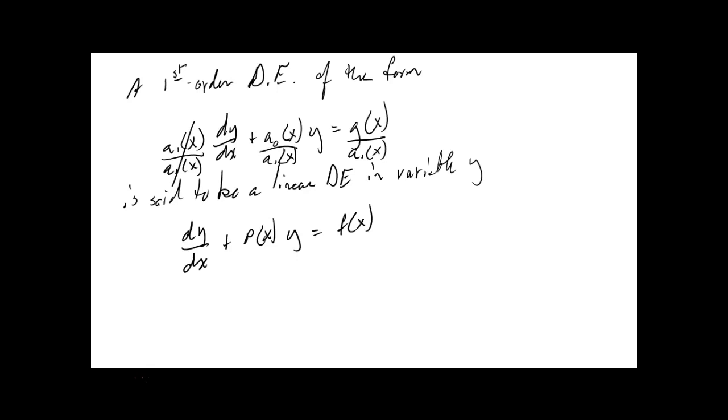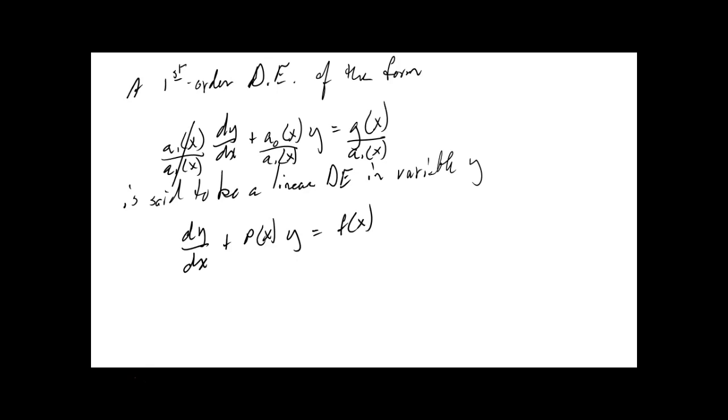But it says, before we examine a general procedure for solving equations of that form, we note that in some instances, this can be solved by separation of variables. I said in general it can't, but occasionally it can.